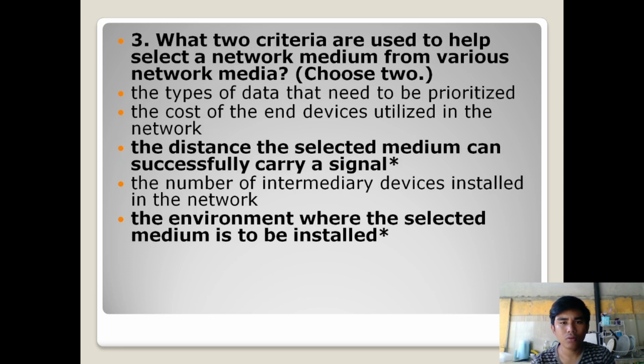What two criteria are used to help select a network medium from various network media? Choose two. The choices: the types of data that need to be prioritized; the cost of the end devices utilized in the network; the distance that the selected medium can successfully carry a signal; the number of intermediary devices installed in the network; and the environment where the selected medium is to be installed.